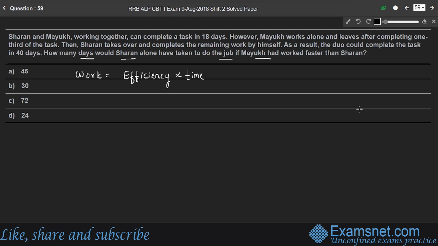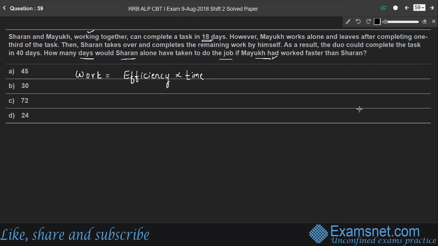It is given that if they work together, they can complete the task in 18 days. So here are two cases. In one case, their capacities are the same, and in another case, Mayuk's capacity is greater than Sharan's.